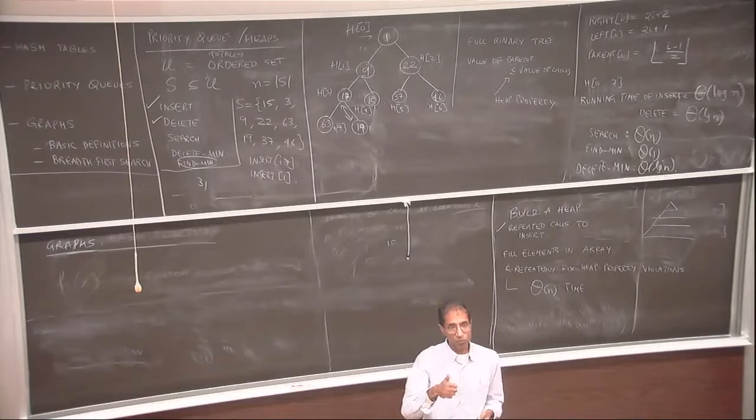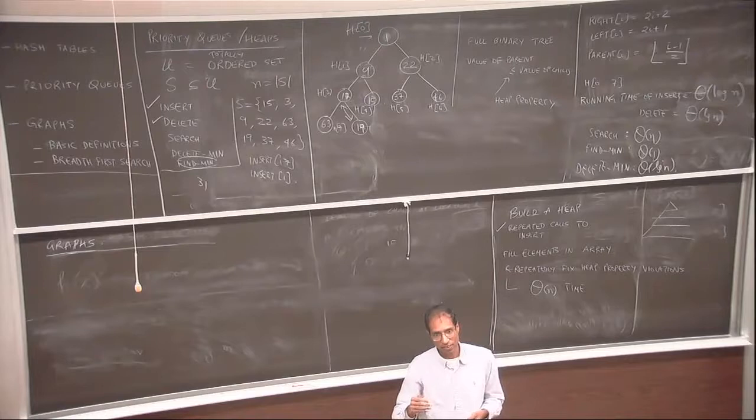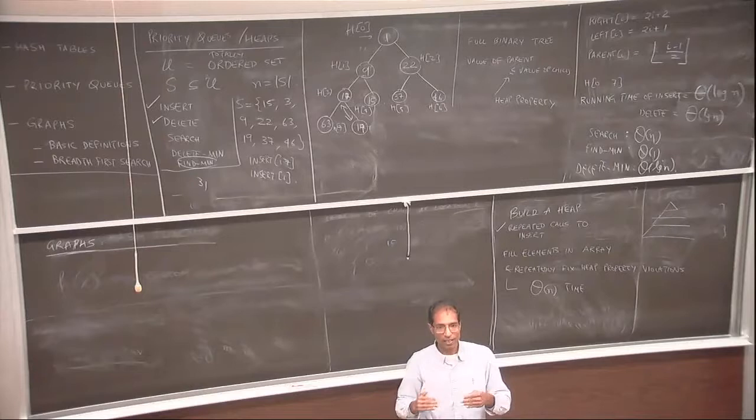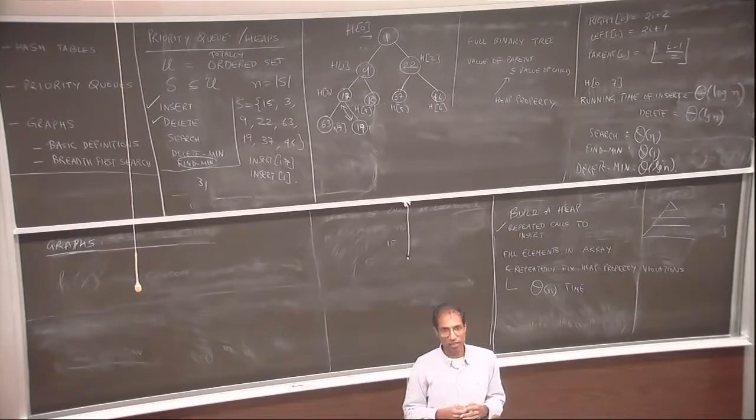But if you have to remove it, that takes you log n time. Then you find the next minimum. That's fast, but to remove it, it takes you log n time. Of course, n is decreasing over time, but even if you take the log n's as n decreases and add them up, it will come out to be n log n.